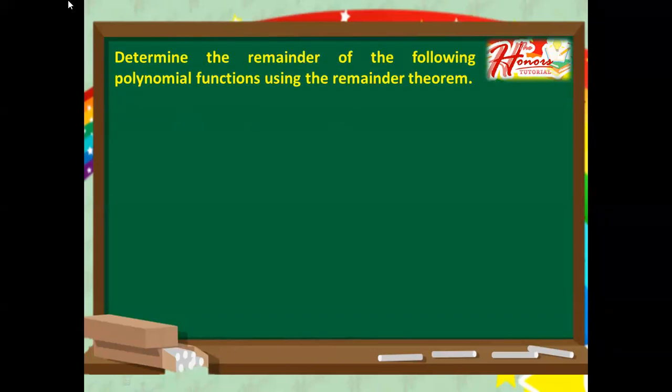Number 2. We have here 3x raised to 4 minus x cubed plus 9x squared plus 12x minus 2 divided by x plus 4. For our solution, the process is the same. So let's write the solution here.